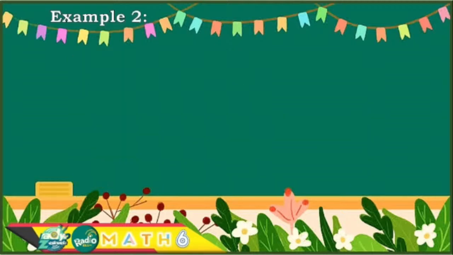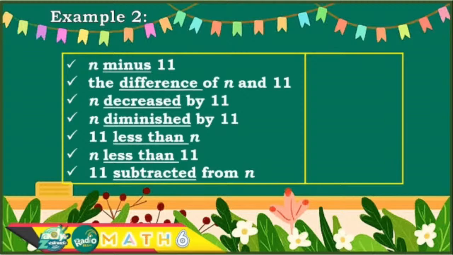And for our second example, the word phrases n minus 11, the difference of n and 11, n decreased by 11, n diminished by 11, 11 less than n, n less than 11, and 11 subtracted from n can be translated into the algebraic expression n - 11.